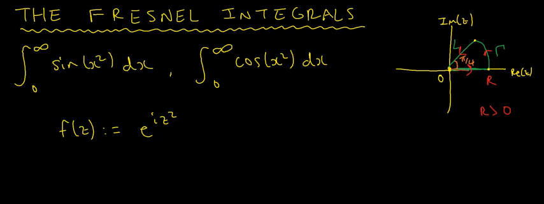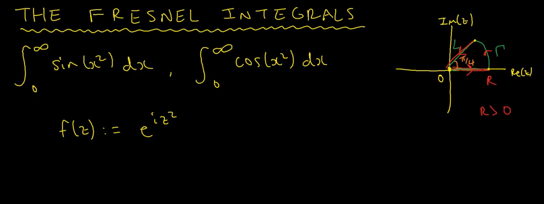If I were to take this line and I wanted to map that line to this line, then not only would I have to multiply every point on this line by e to the i pi over 4, because you'd have to multiply a point by e to the i theta to rotate it by an angle of theta in the complex plane anti-clockwise, but then I'd also have to think about what would happen to the direction of the ray. So once I've done that, sure, it would be pointing in this direction, but I need to multiply it by -1 to make sure that it's actually got the right orientation. So when I actually write down my integrals, I'm going to have to be very careful about that.